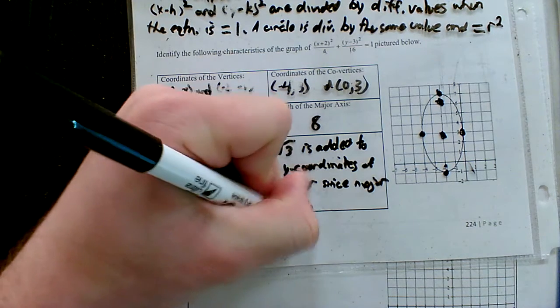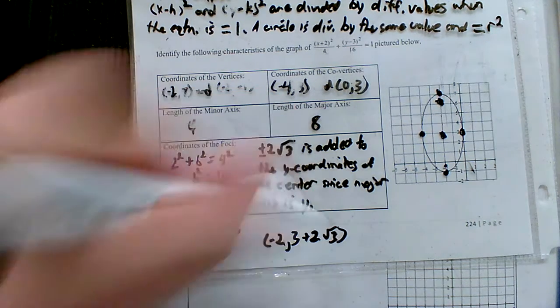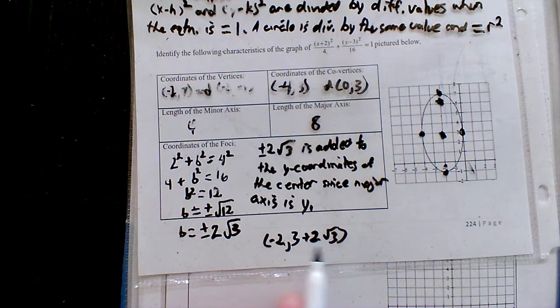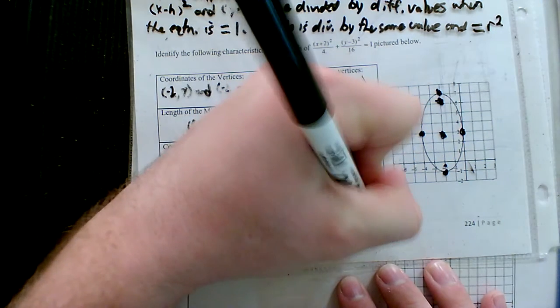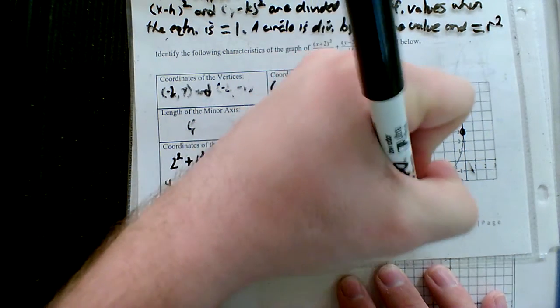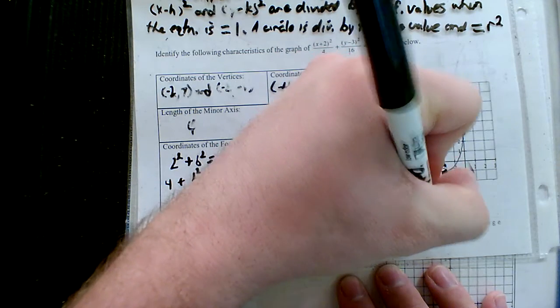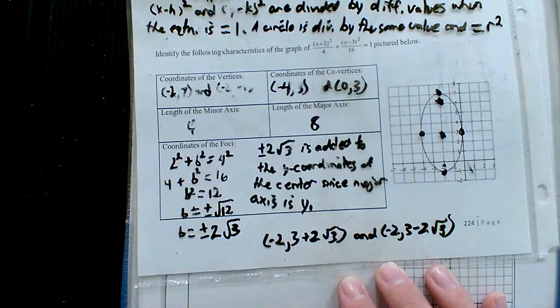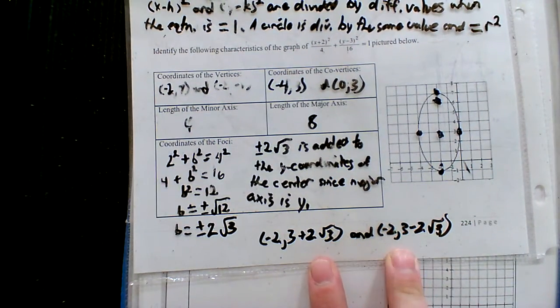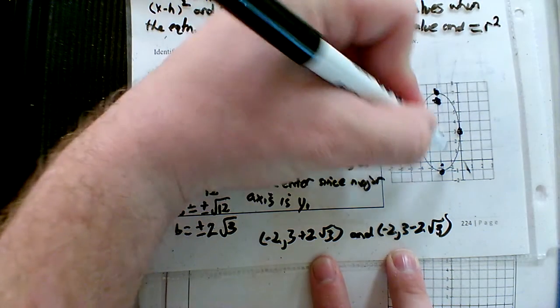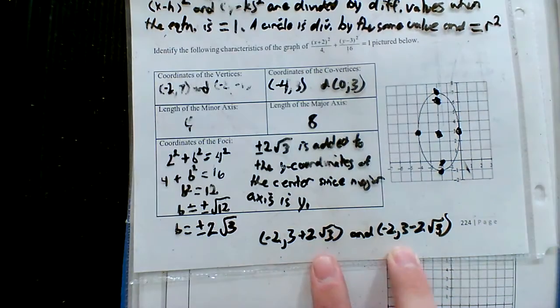So 2 square roots of 3. So that's the new coordinate. Negative 2, comma 3 plus 2 square roots of 3, and negative 2, 3 minus 2 square roots of 3. Those would be your new points. Those are those focus points that are almost at the top and almost at the bottom, but not quite there.